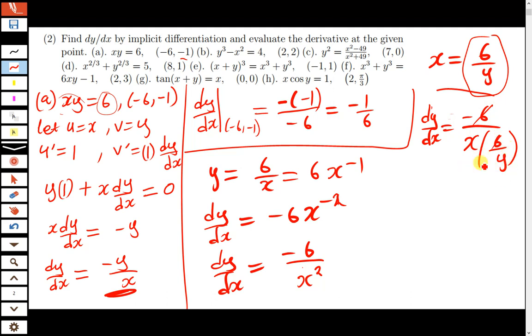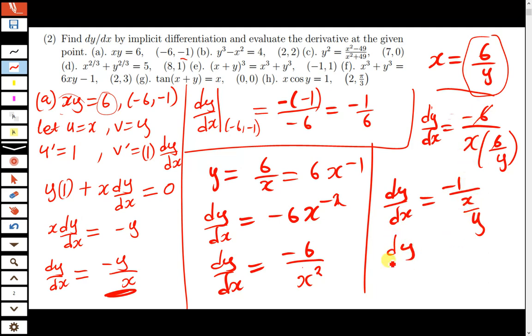Then this one can also be written as dy dx is equal to 1 over x over y. Of course this one is negative because this 6 was negative on top. So this can also be written as dy dx is equal to y over x, which is exactly what we found there. Okay, so this is correct.